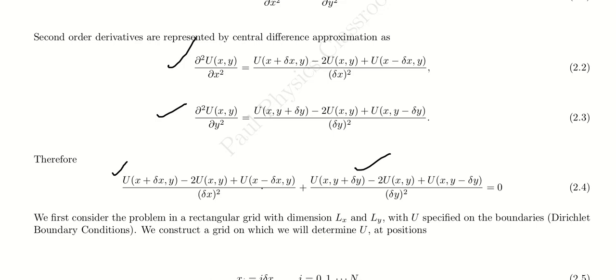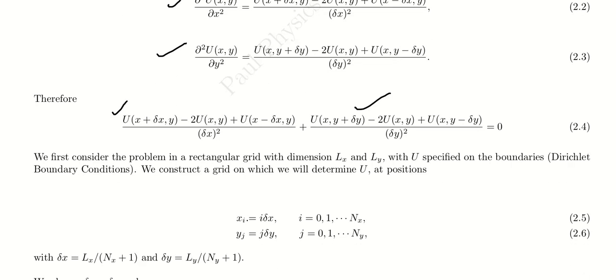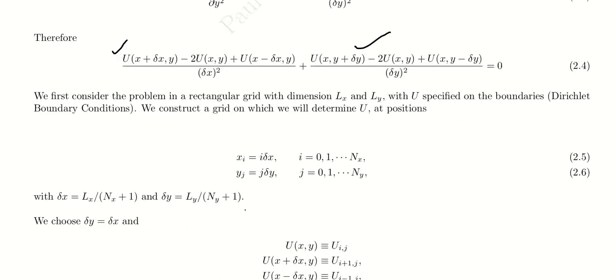Now we construct a grid on which we will determine u at the points xi equals i delta x, where i runs from 0 to nx, and yj equals j times delta y, j equals 0 to ny, with delta x equals Lx divided by nx plus 1 and delta y equals Ly divided by ny plus 1. For simplicity, we choose delta y equals delta x.